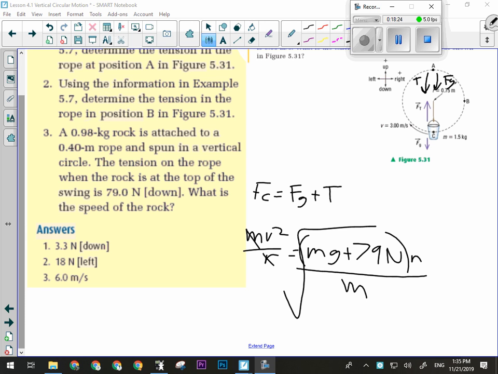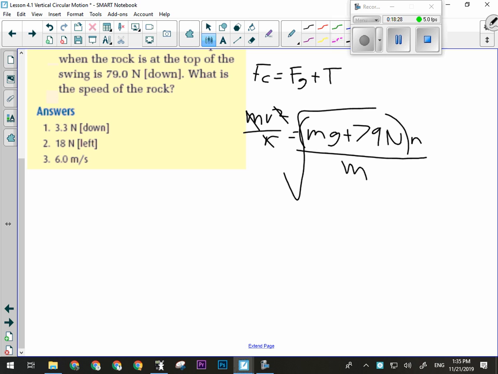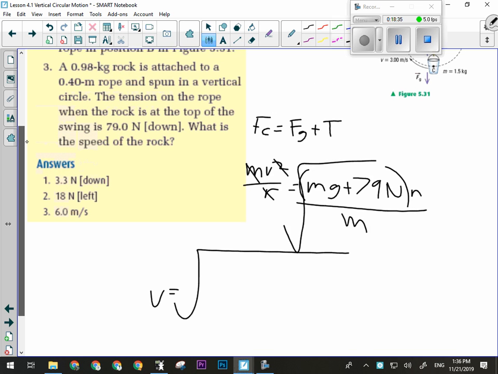Okay, now that we're solving for v, we can plug in our numbers. So we're going to have that v equals the square root of, what's the mass of the rock? 0.98 kilograms.